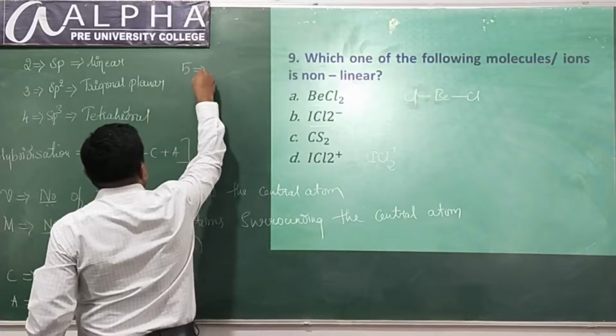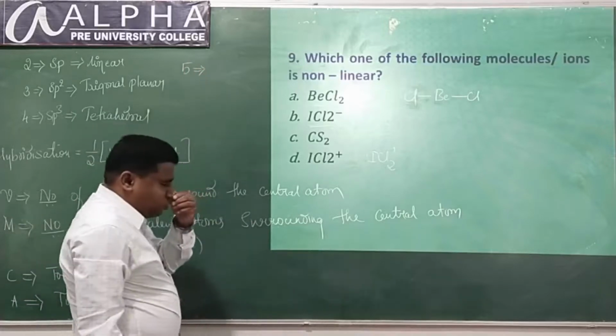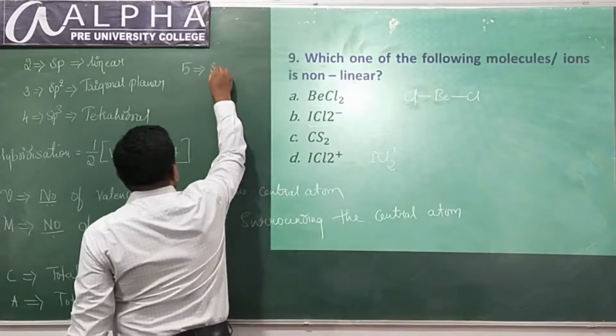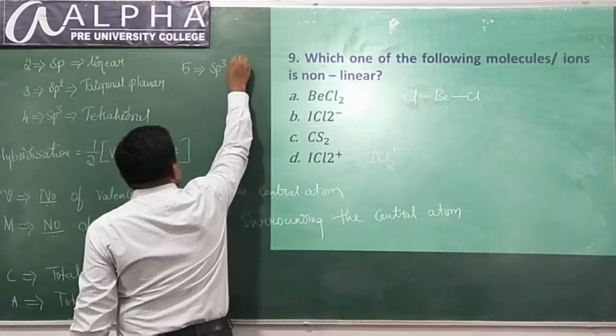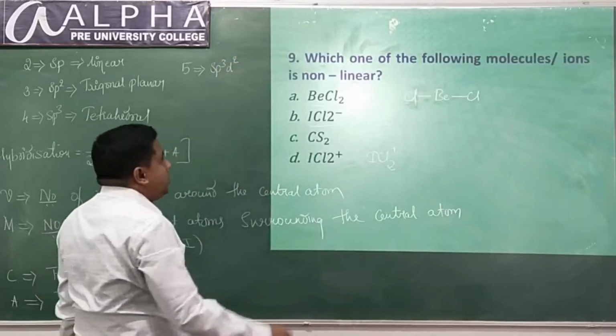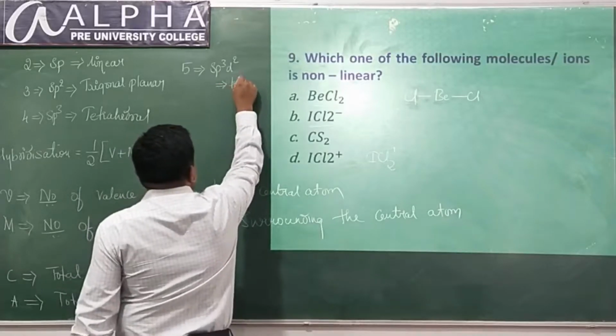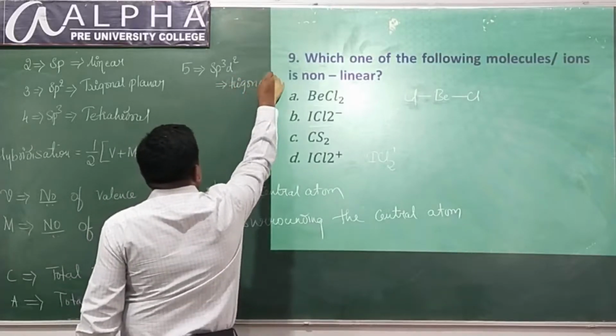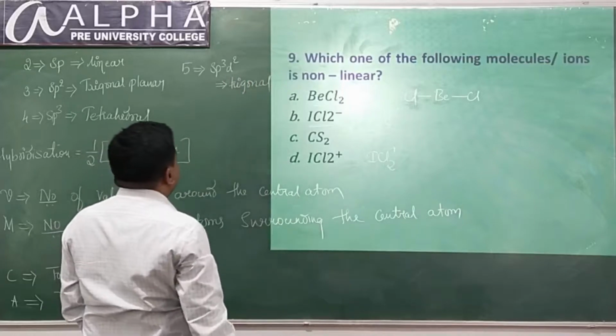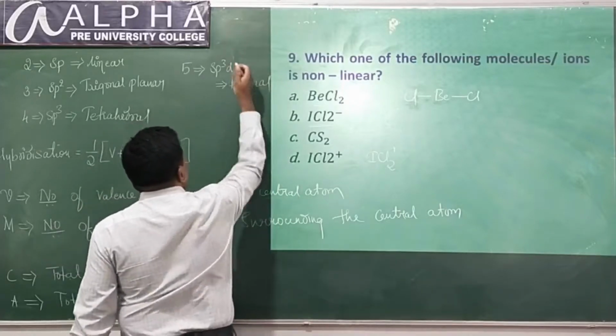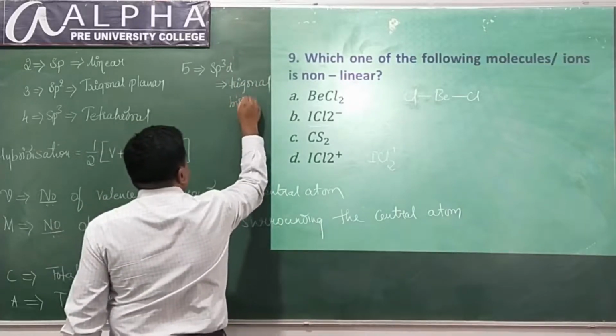5, what is it? Come on, 5 means what? sp3d, then it is trigonal bipyramidal. Yes, sp3d hybridization, it is trigonal bipyramidal.